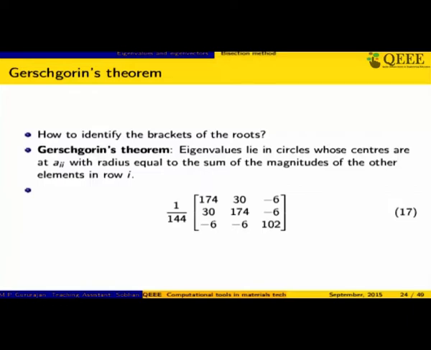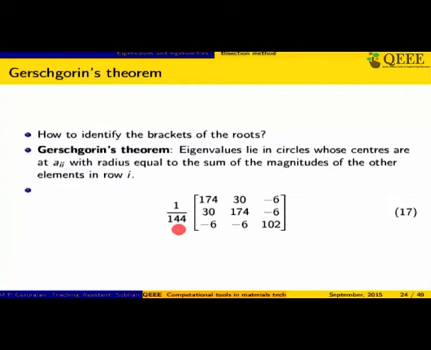You need to identify the three centers, which are the diagonal points, and then the radii. The radius is the sum of the magnitudes of the other elements in the row, taking only the magnitude wherever an entry is negative. So it is 174 plus 36, divided by 144, things like that.